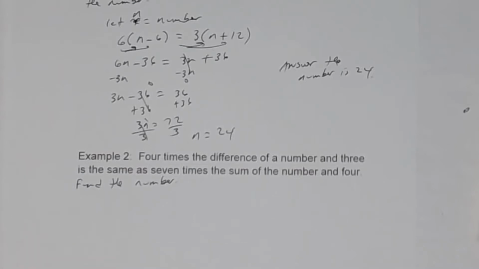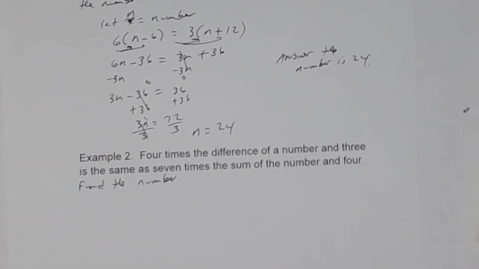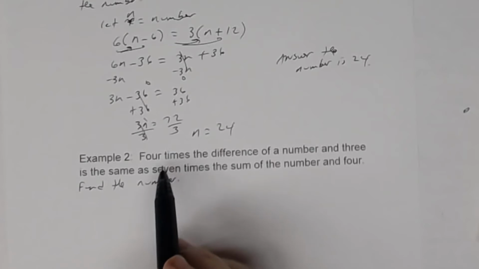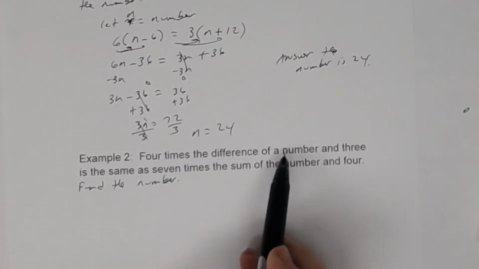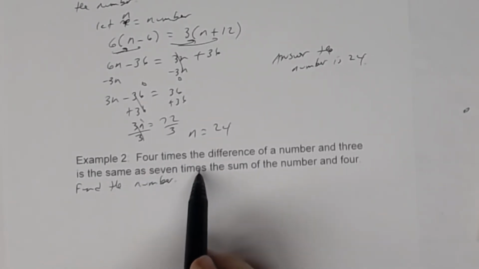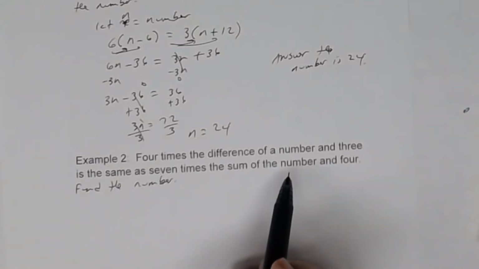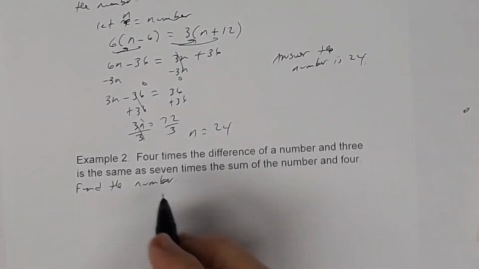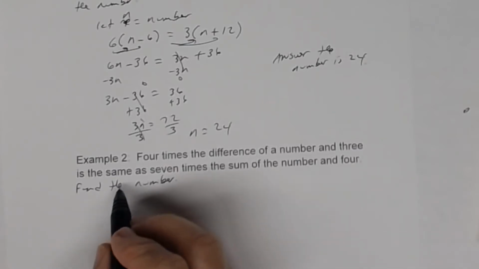Okay, example 2, same kind of word problem. This time it says 4 times the difference of a number and 3 is the same as 7 times the sum of the number and 4. You want to find the number. As you go from left to right, you read out what it says.